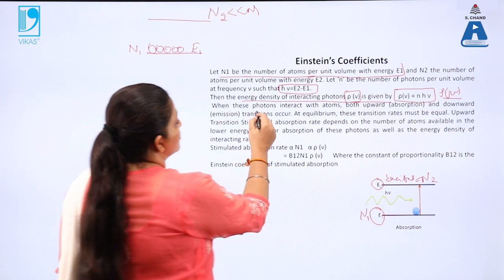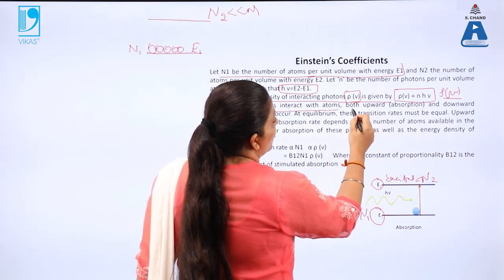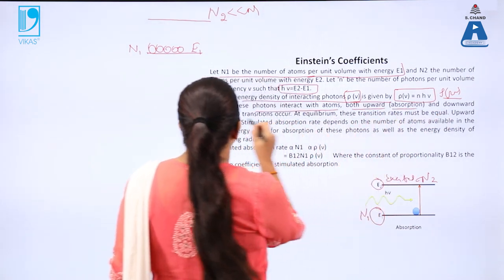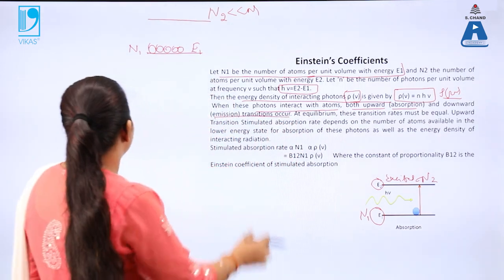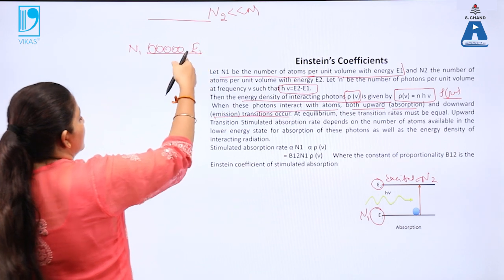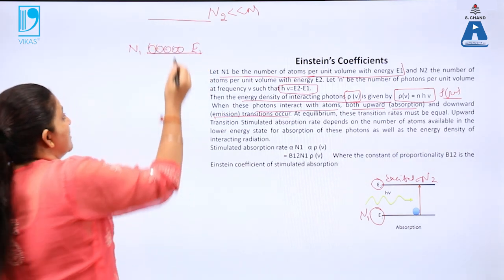Now when these photons interact with the atoms, both upward absorption and downward transitions will take place. We know that there are a large number of atoms in the ground state, and also in the excited state.